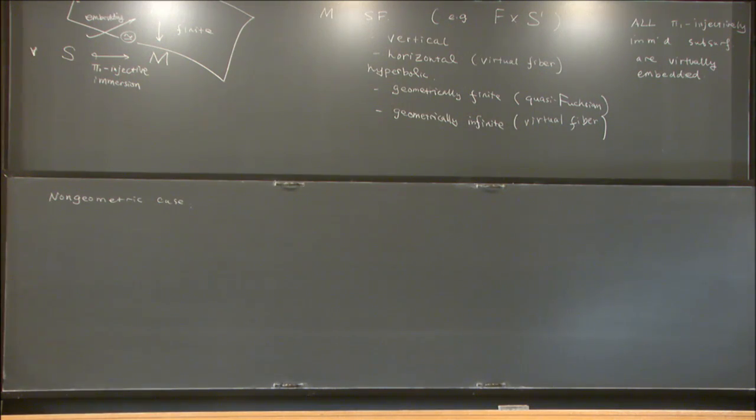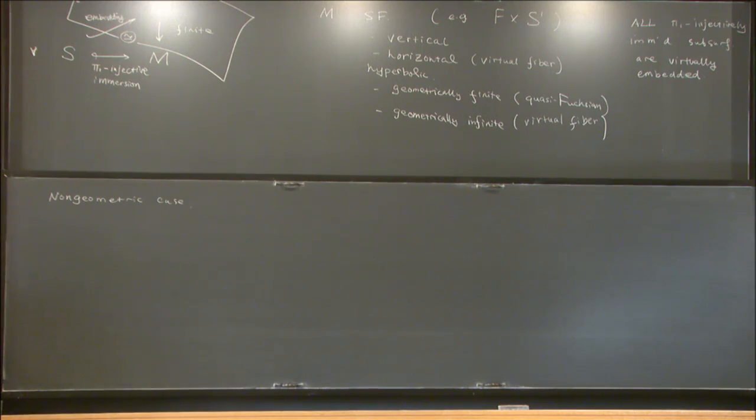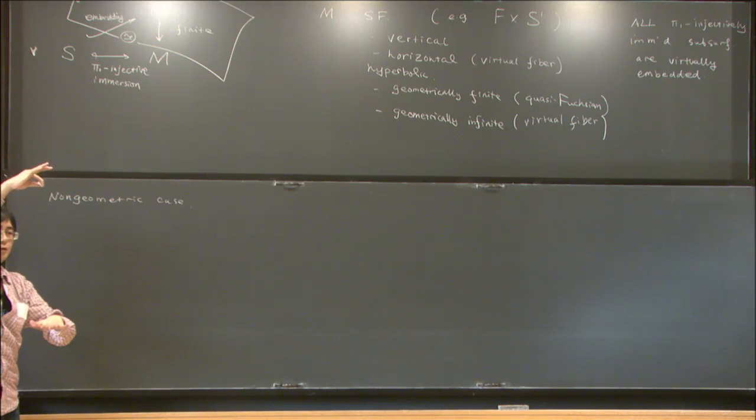So just based on our knowledge about the geometric case, what we have here is a 3 manifold, and I can break it non-trivially into geometric pieces. And what I know is that if I simply look at the restriction of the surface inside each piece, then I already know that I can pass to a finite cover of that piece so that the surface is embedded upstairs.